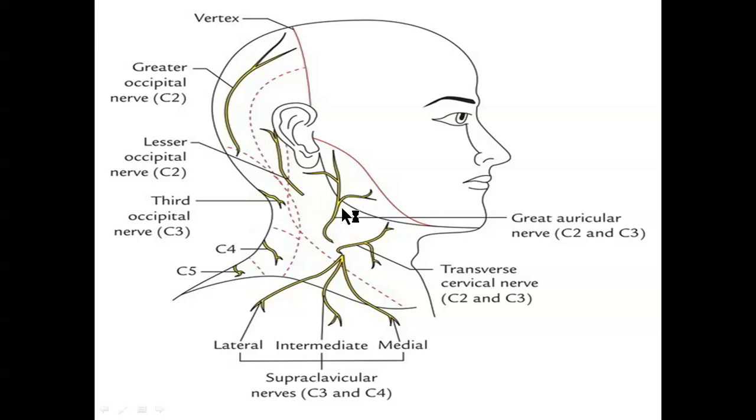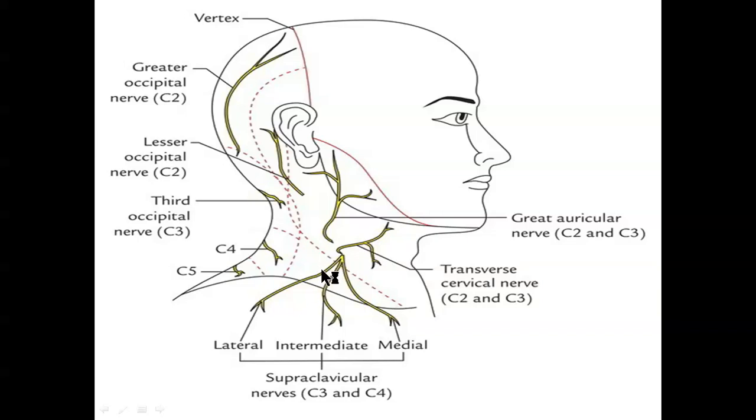Then we have greater auricular nerve. As I already mentioned, greater auricular nerve would be supplying your angle of the mandible. So this point should be remembered. Then again on the side of the neck, we can see another nerve, which is called your transverse cervical nerve. Now this transverse cervical nerve will supply your anterior region of the neck.